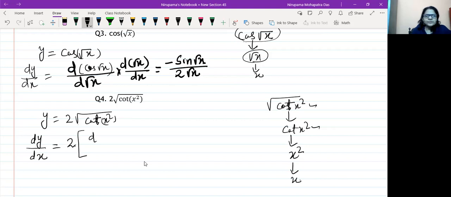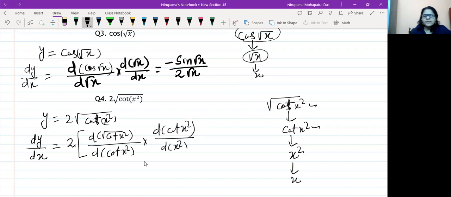So root cot x square with respect to cot x square, into derivative of cot x square with respect to x square, into derivative of x square with respect to x. So these are the steps.